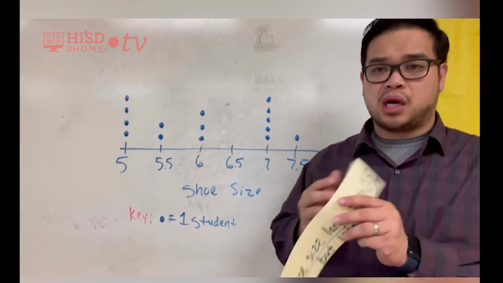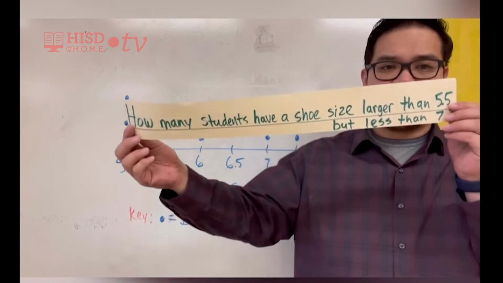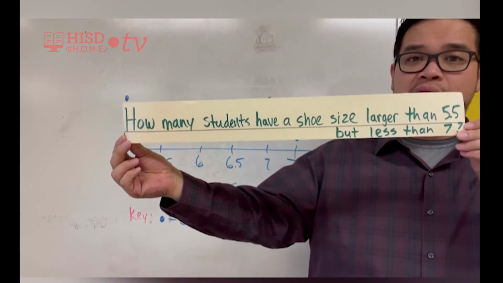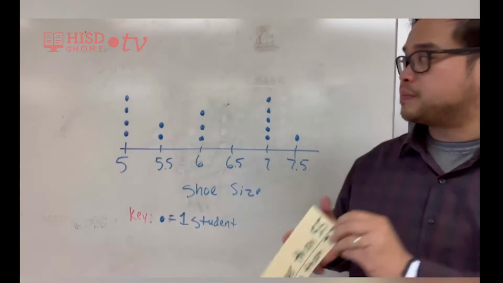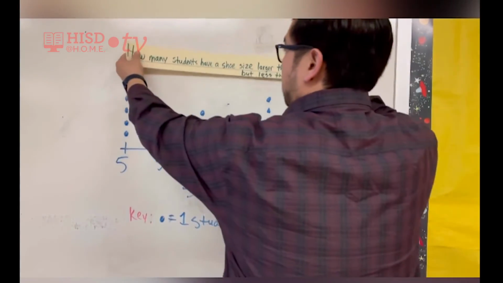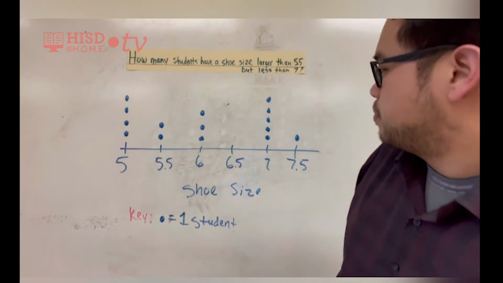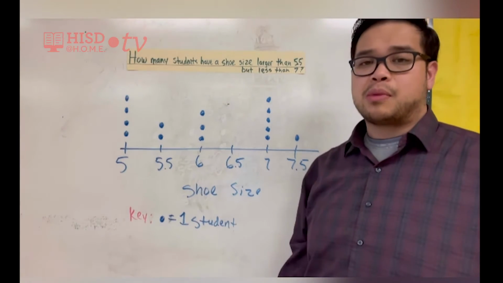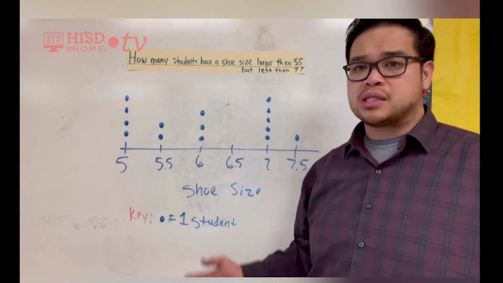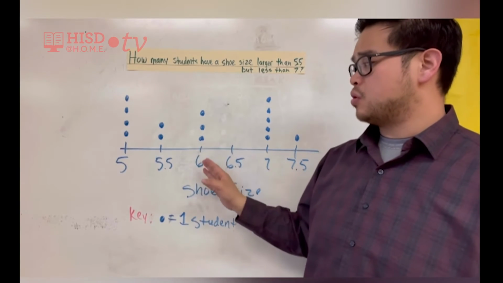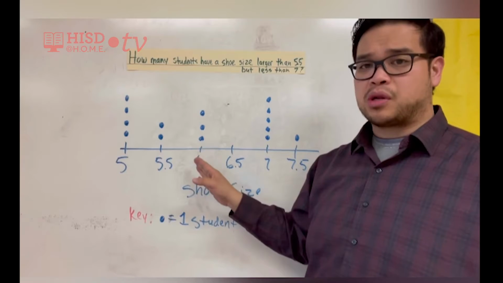Our next question says, how many students have a shoe size larger than 5.5, but less than 7? So just like what we did earlier, I'm going to draw lines to help me see what information on the graph I'm going to use to help me solve this problem.